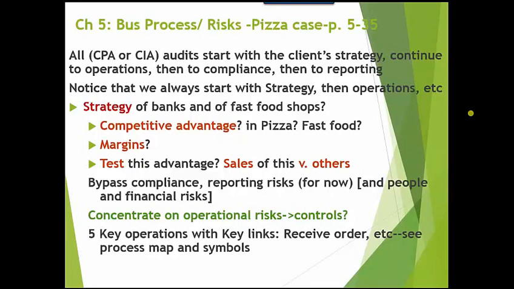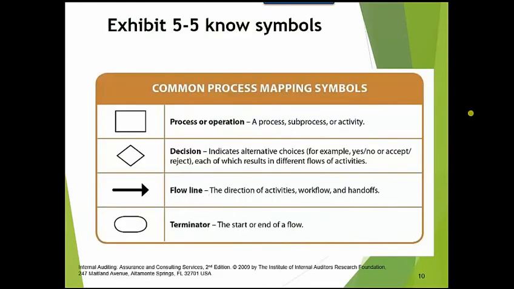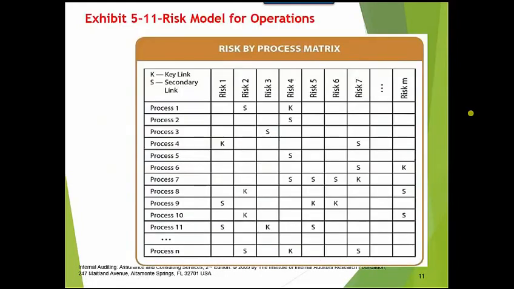So we concentrate on operational risk, and certainly from the internal auditor's perspective we absolutely are going to be looking at operational risks. So operational risk again includes these business processes, such as receiving, purchasing, sales cycle, cash collection, whatever the case may be. We look at them from a process perspective. Okay, we've talked about this in terms of the flow chart.